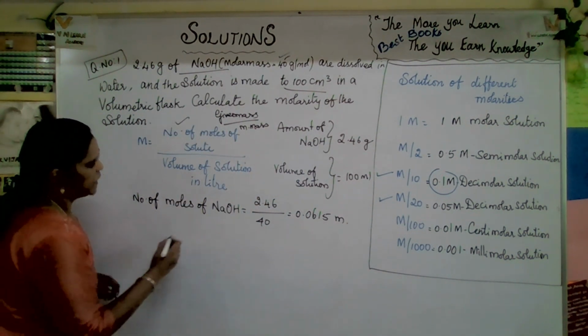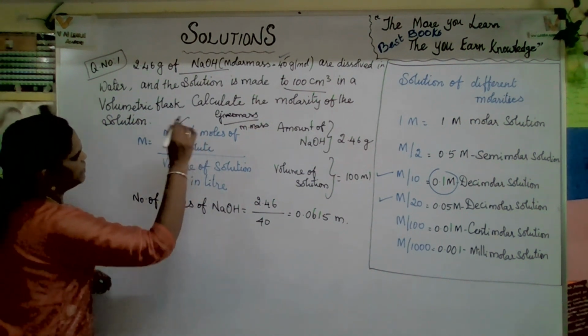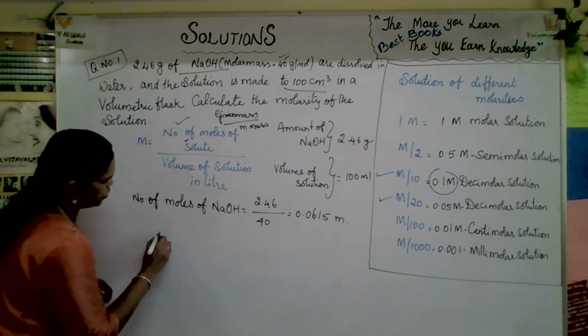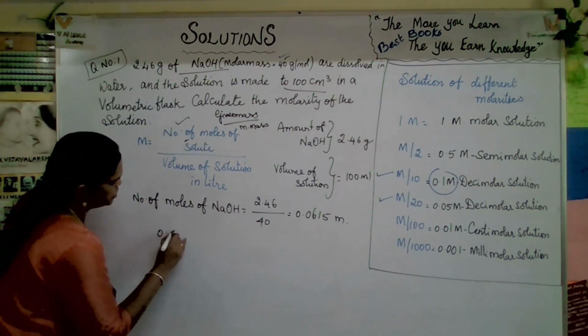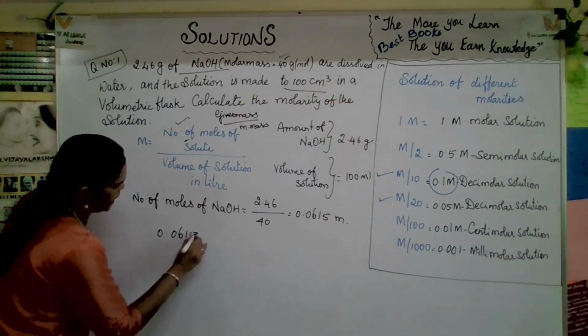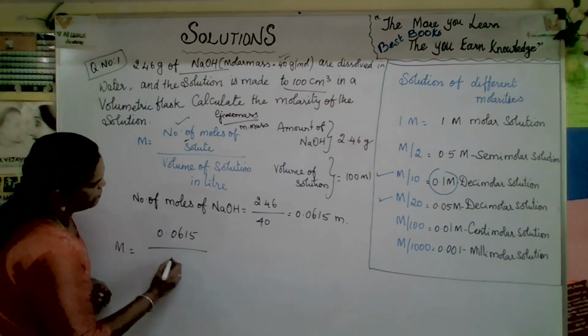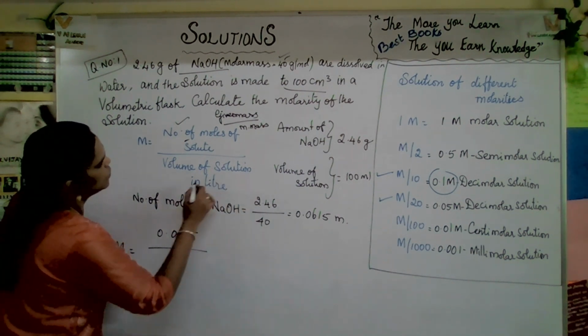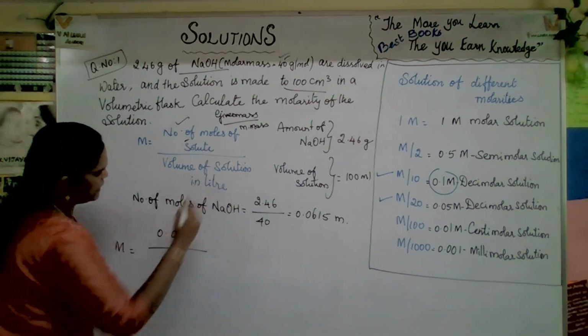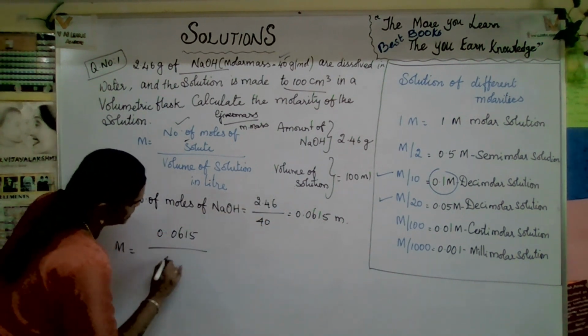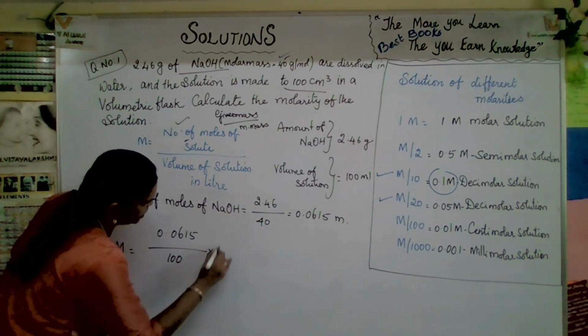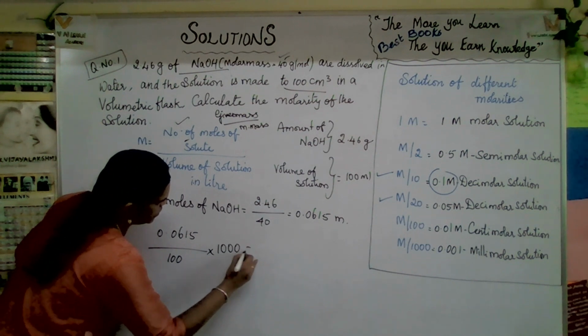Now you have found the number of moles. To find the capital M, 0.0615 is divided by the volume of solution in liter. The volume of solution is 100 divided by 1000.